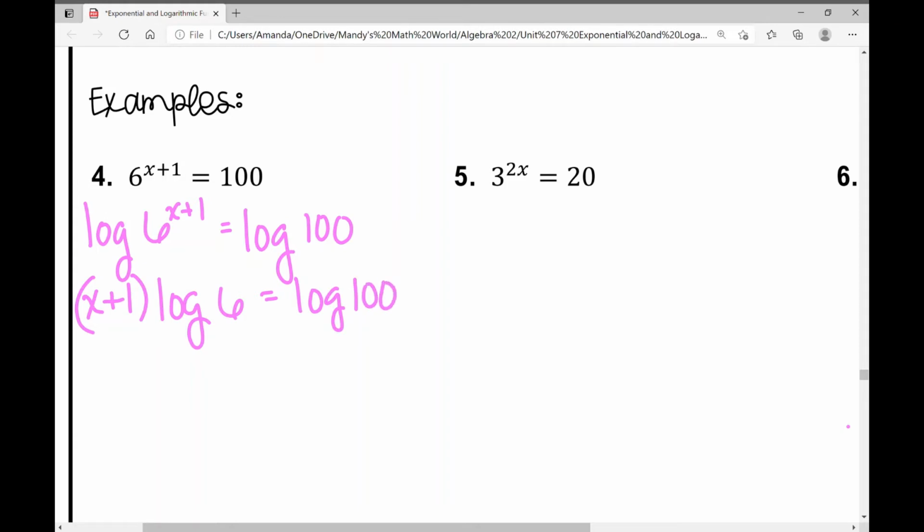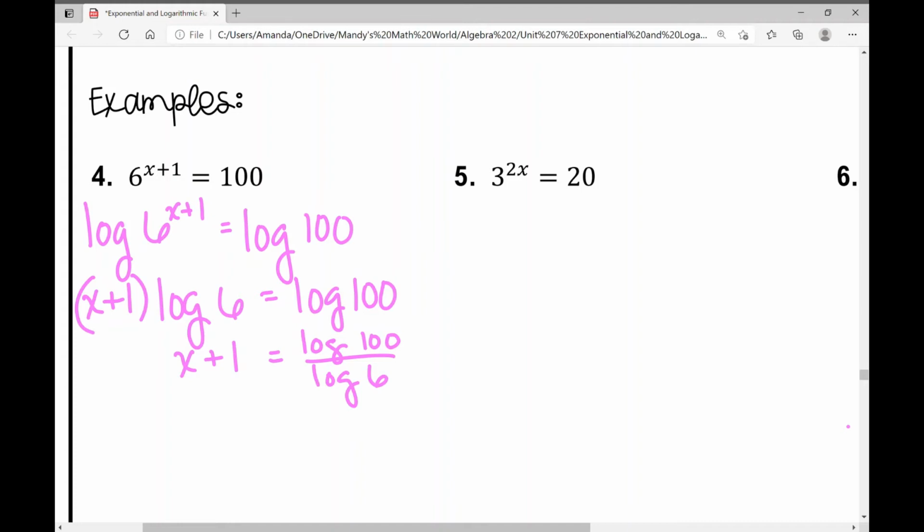And remember, our goal is still to get the variable all by itself on one side of the equal sign. So this is x plus 1 times the log of 6. What I'm going to do is divide both sides by the log of 6, and I get x plus 1 equals the log of 100 divided by the log of 6. And this is where you're going to use your calculator.